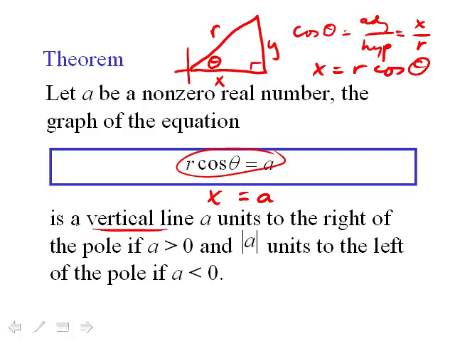The vertical line is going to be relative to the y-axis, the vertical axis, to the right in the positive direction if a is positive, and absolute a units to the left if a is negative. So either plus or minus from this vertical axis to get what the graph looks like if this is the polar equation.